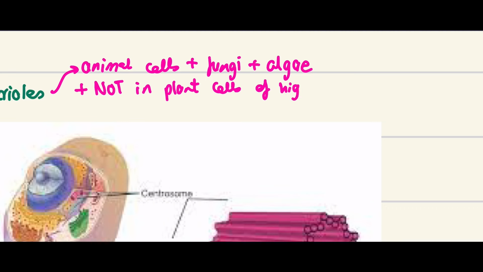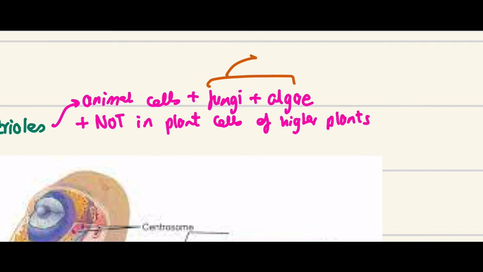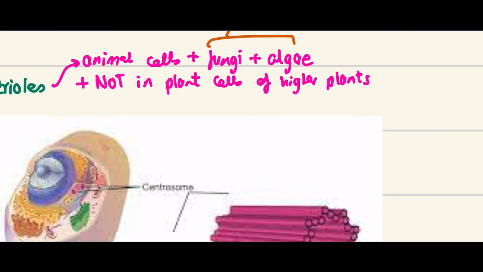You don't need to know what higher plants exactly are. They'll just ask you if they are present in plant cells. In normal plant cells of higher plants, you'll say they're not present. Sometimes present, not really sometimes, but present in certain ones, not in all. You can't really generalize that all fungi have centrioles. Certain ones have them.